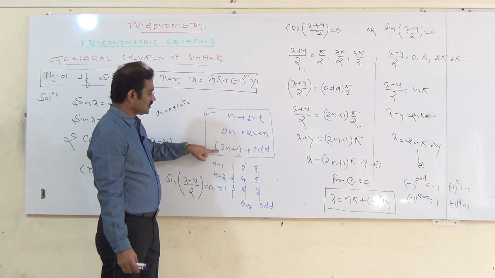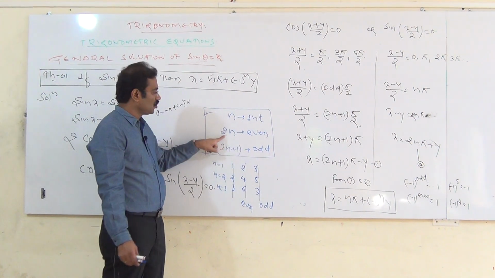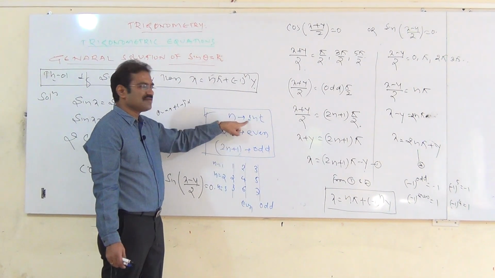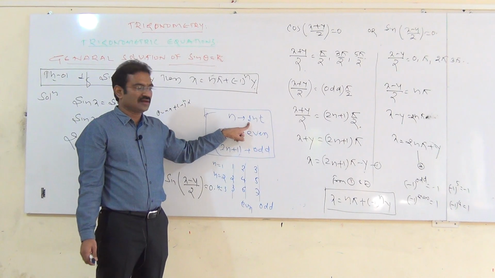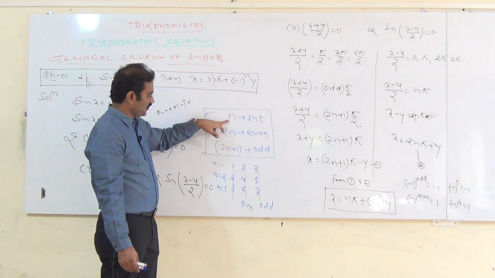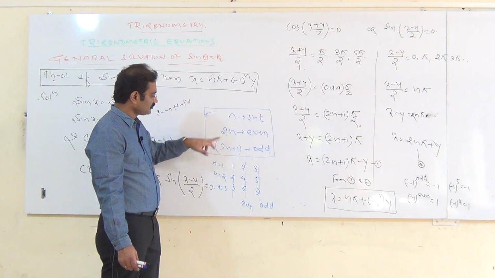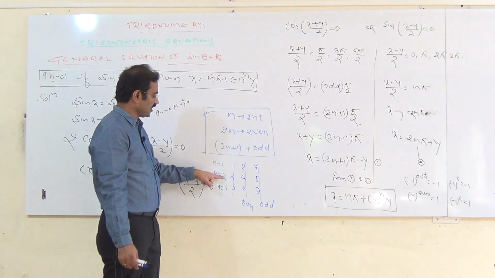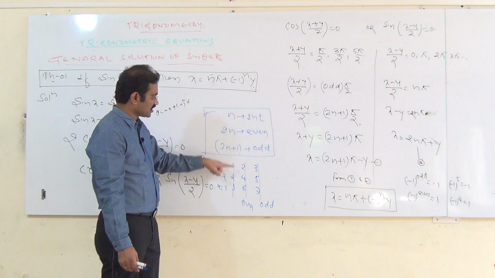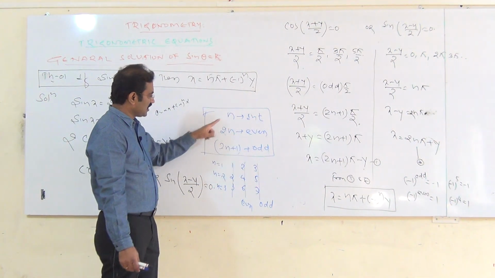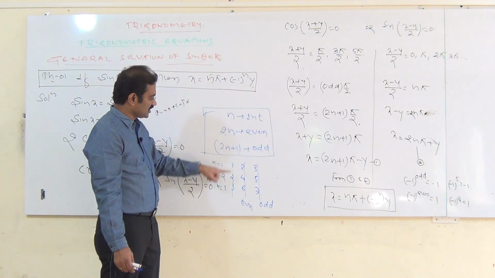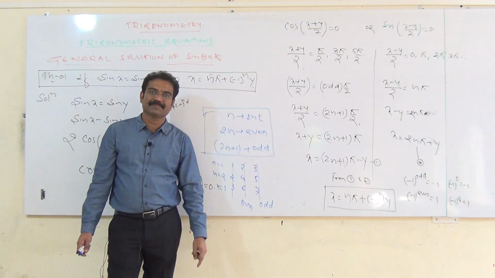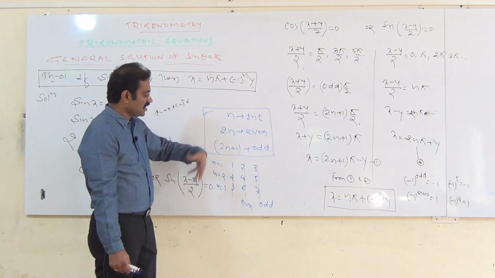Odd means 2n plus 1, 2n is even, where n is an integer. You can check. If you put n is equal to 1, it becomes 2 and 3. If you put n is equal to 2, it becomes 4 and 5. If n is equal to 3, it is 6 and it becomes 7. So these are odd and even.